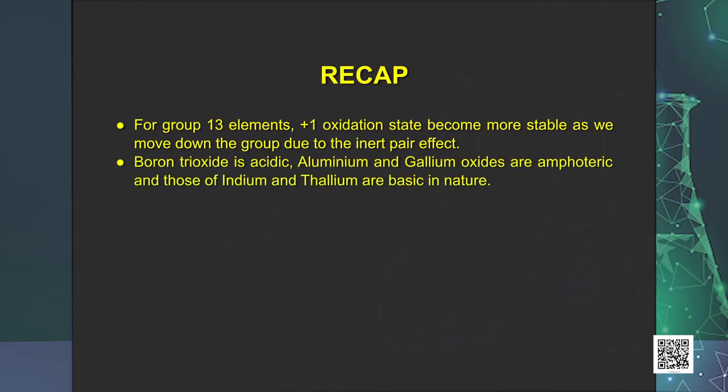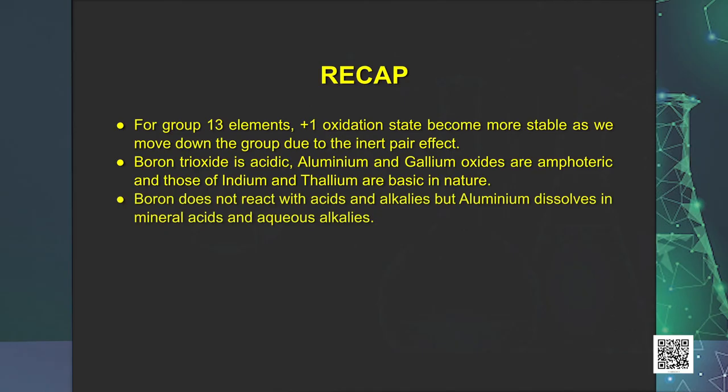Seventh point is boron trioxide is acidic. Aluminium and gallium oxides are amphoteric and those of indium and thallium are basic in nature. Eighth point is boron does not react with acids and alkalis, but aluminium dissolves in mineral acids and aqueous alkalis as well.